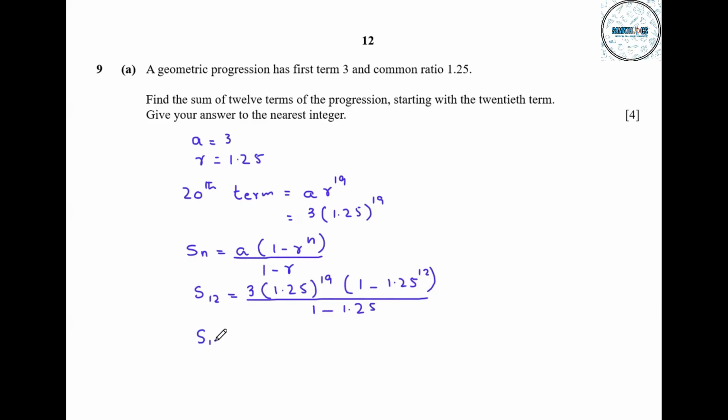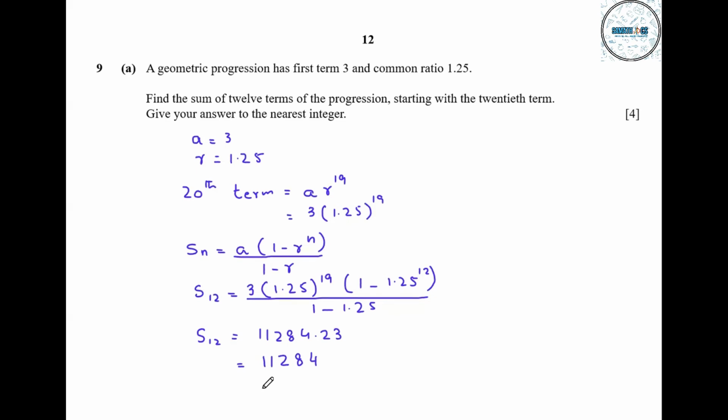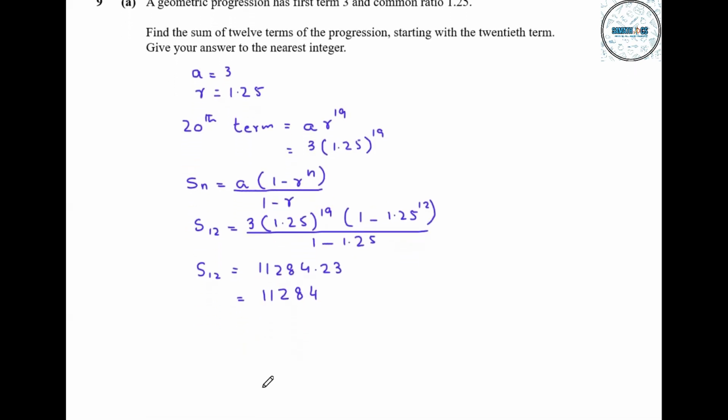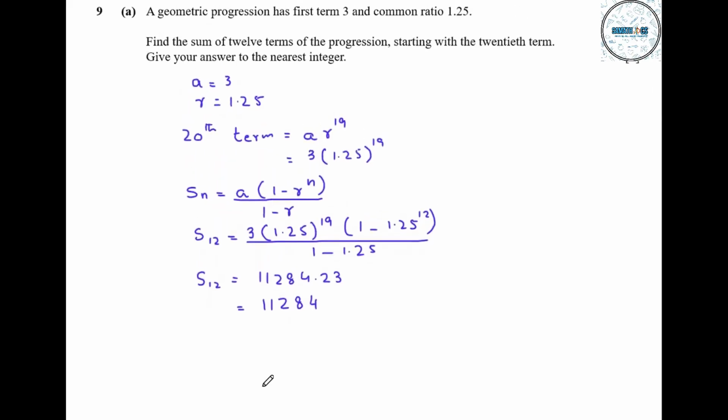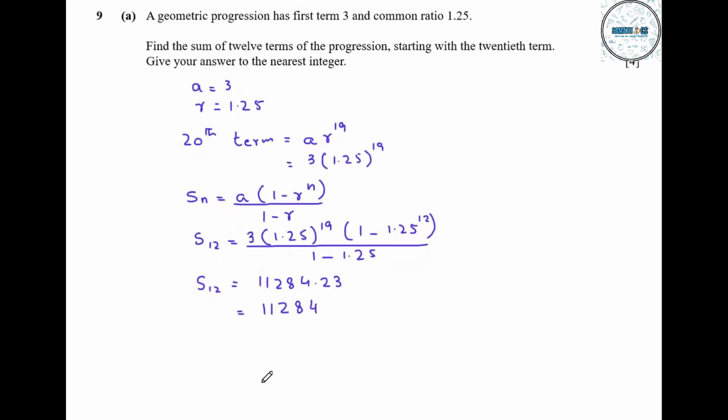So we will get the answer as 11284.23, which rounded off to the nearest integer is 11,284.